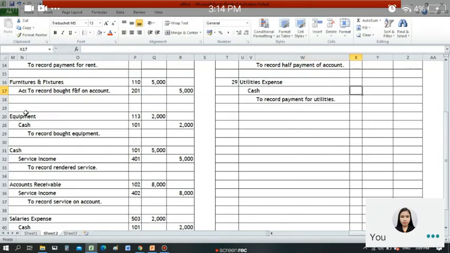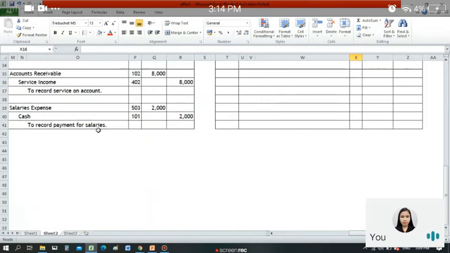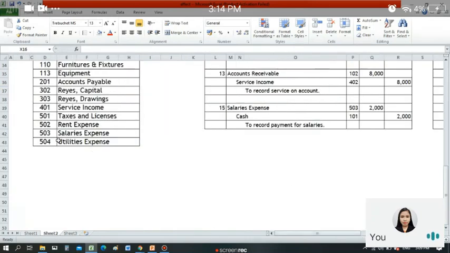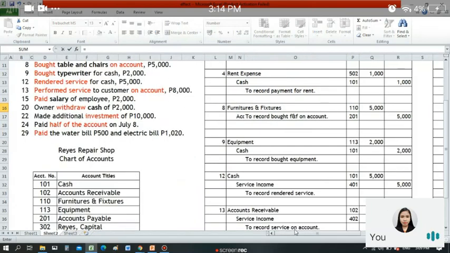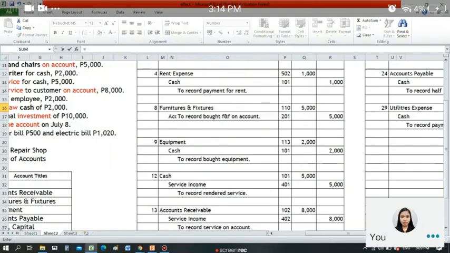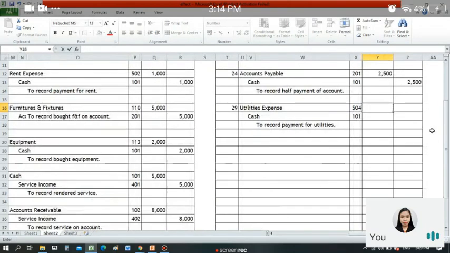Utilities expense is what account number? 504, and then cash is 101. So we add the amounts, the 500 and the 1,020, which is 1,520.